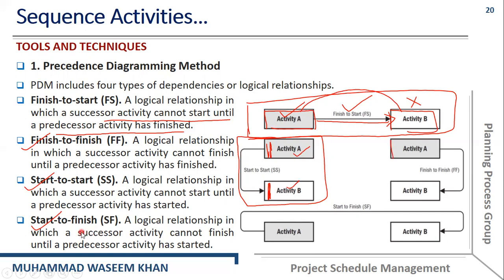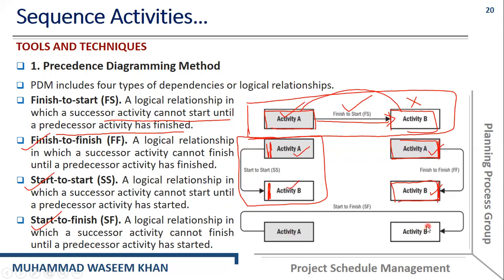And the last one is the start to finish relationship. It is a logical relationship in which a successor activity cannot finish until a predecessor activity has started. So you can see here that activity B, which is a successor activity, cannot finish until activity A, which is a predecessor activity, has started.